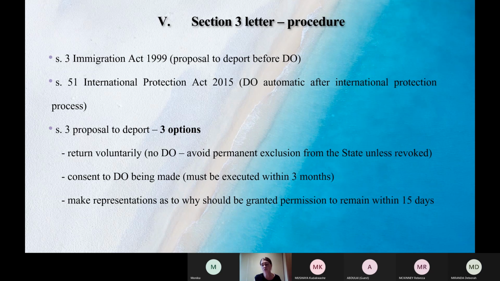In that instance, if a person has gone through the whole asylum process, a deportation order is automatic, because as part of that asylum process, a person is given the opportunity to make representations, and a decision is issued under permission to remain under that act, called the Section 49 decision.